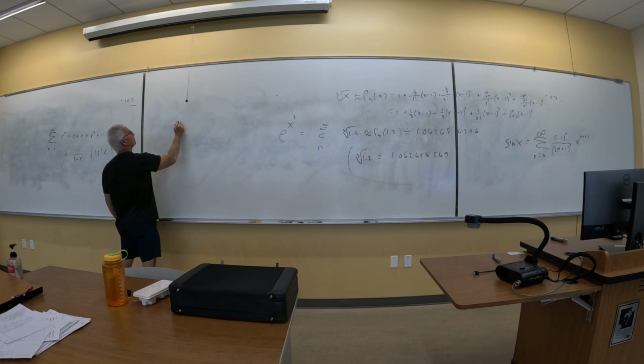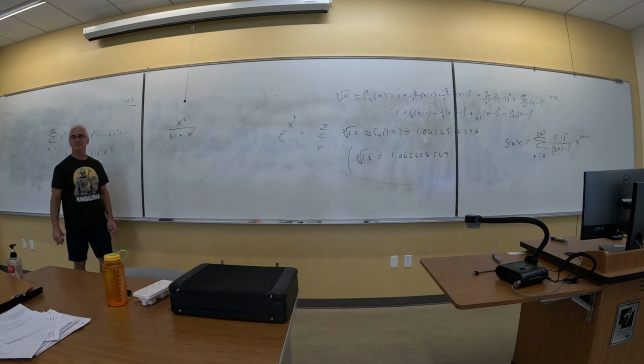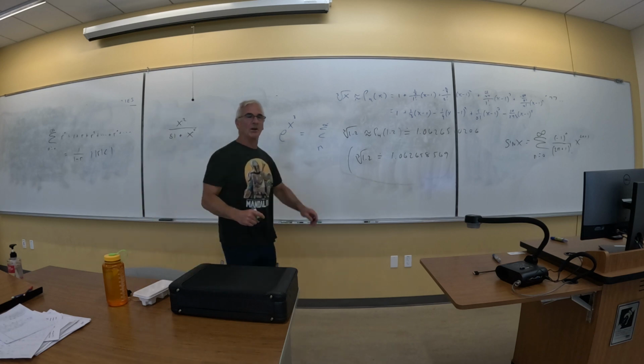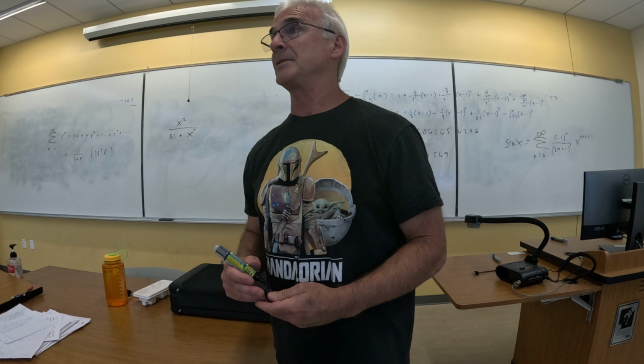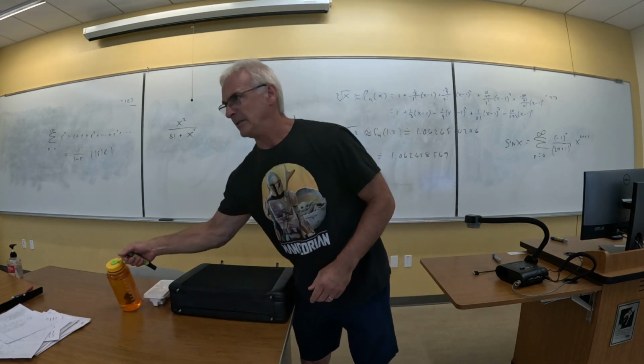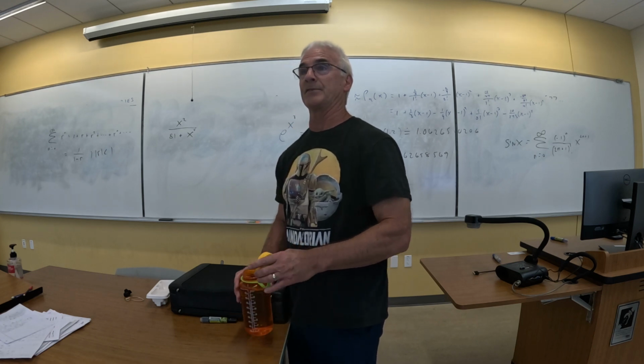I've got, let's say, x squared over, let's do something really complicated, how about 81 plus x to the 4th power. I would like to write this as a power series and then also figure out the radius and interval of convergence.